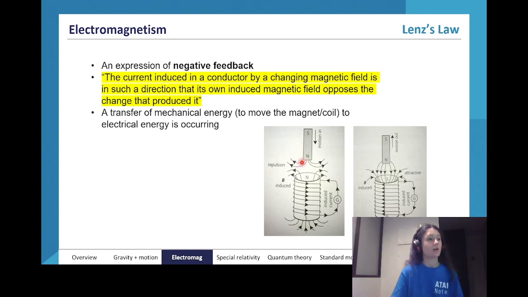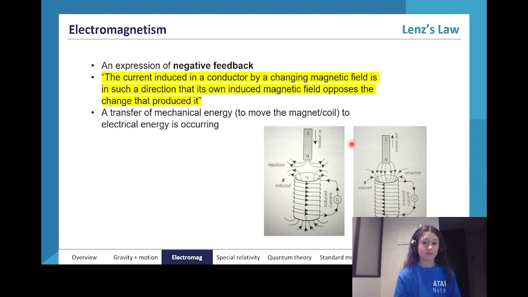This again occurs in the other scenario where you're moving the magnet out of the coil. So imagine you have your magnet in the coil and now you're trying to pull it out. But the coil is like pulling it, trying to keep it in the center. So you're trying to pull it out, the coil is trying to keep it in the center.